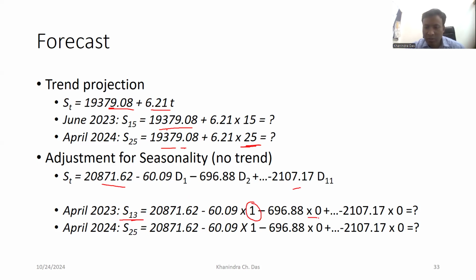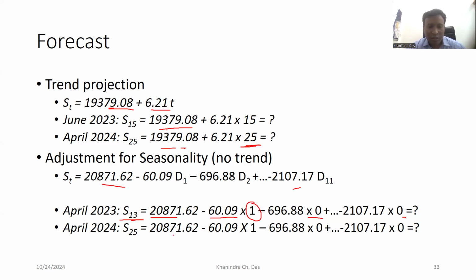Rest of the dummies will be 0 value. So April dummy coefficient, which was estimated in the Excel, is minus 60.09. And the intercept is this much. So if we solve this, you'll get the forecast value.